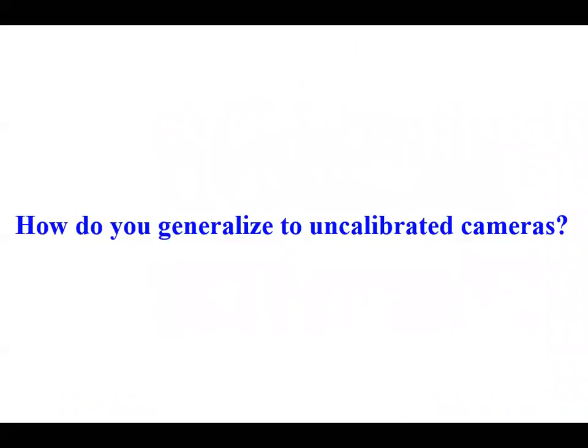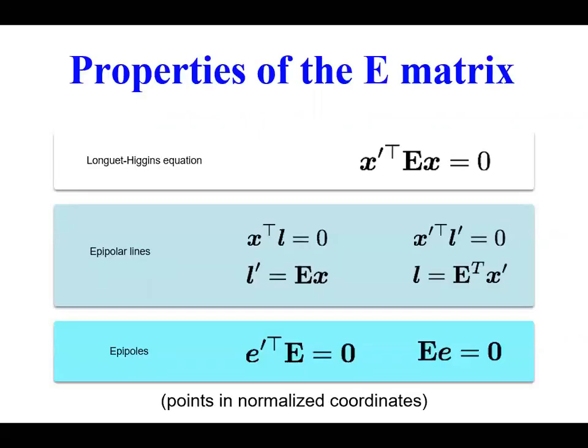But we mentioned how we can generalize to an uncalibrated camera, because for all of these equations we have assumed that we have a calibrated camera. In another sense, we know the intrinsics. We know the relation between the center of projection and the image plane. Correct? The essential matrix is something of the extrinsic.